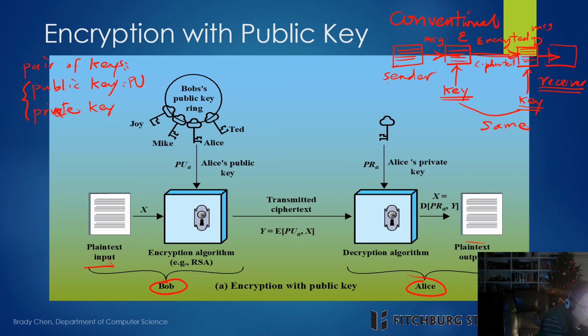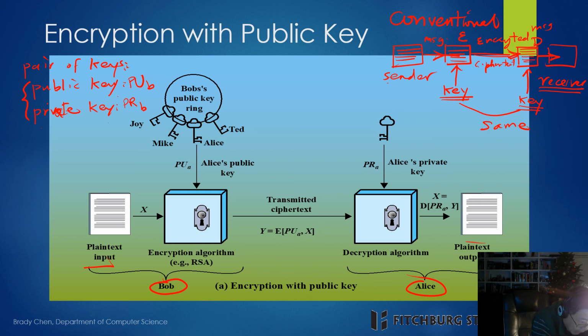Since this is Bob's key, we use PU_B. And for the private key, we typically use PR. Since that's Bob's private key, we use PR_B. The B is a subscript.